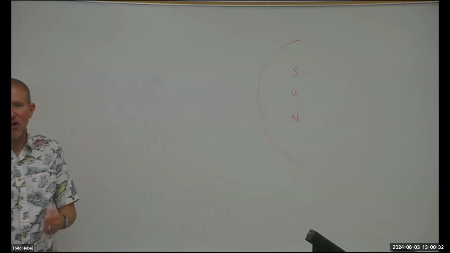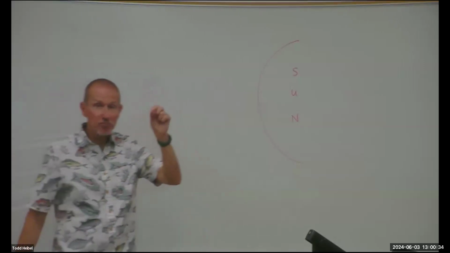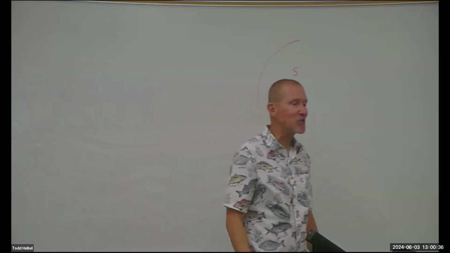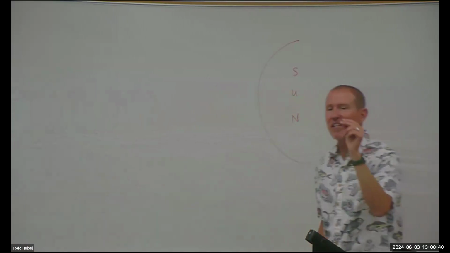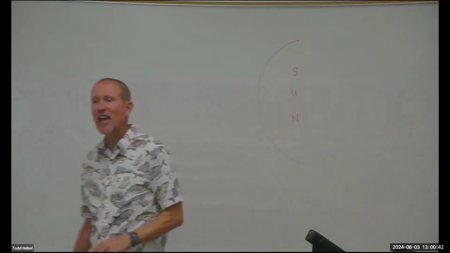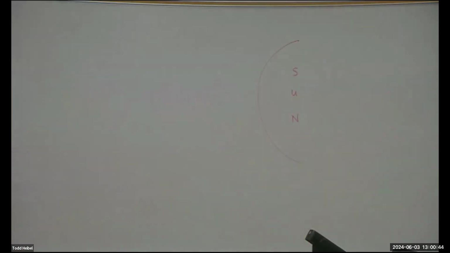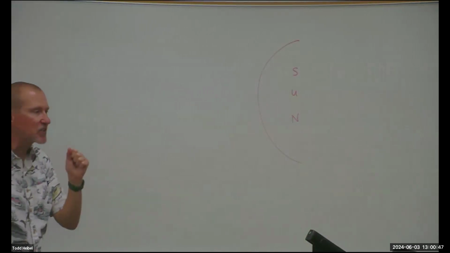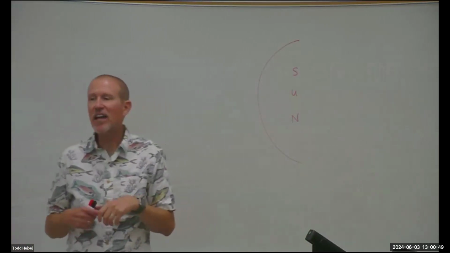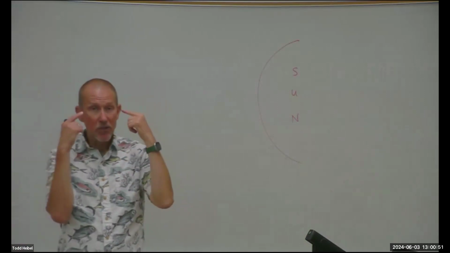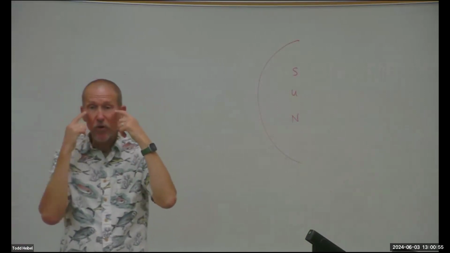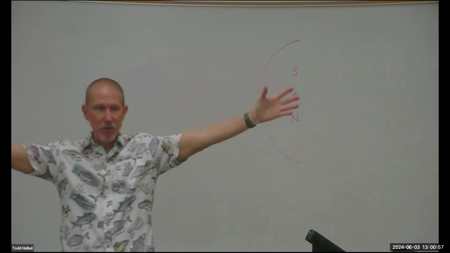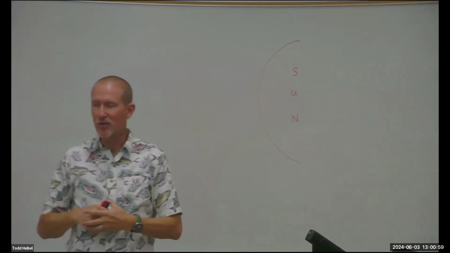Some of those stars that you see in the night sky, we are still seeing light from because they are so many light years away, hundreds, thousands or more. We are still seeing the light with our eyes, even though they may have gone supernova and exploded maybe thousands of years ago.